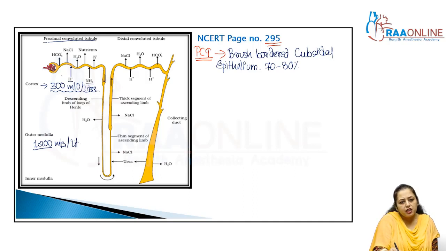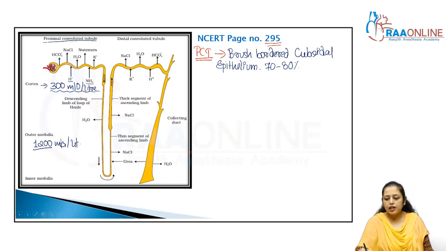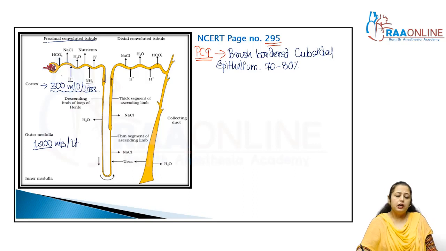If it is maintained, then it will go forward, and if it is in excess amount, then it will be absorbed here again, clear. That's why in NCERT that specific line is given: PCT is lined with simple cuboidal brush bordered epithelium. So we can write it here.